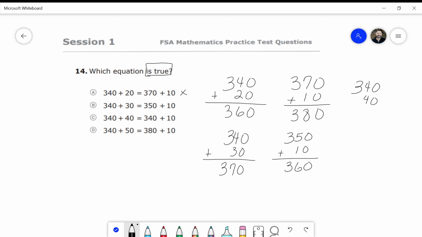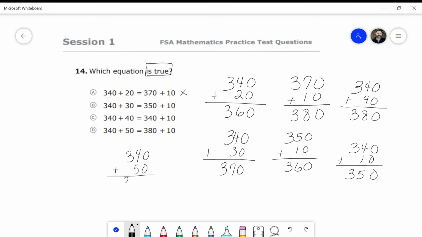340 plus 40 is 380. And then 340 plus 10, well, that one won't work, right? Because that's 350. So then we just try that last one. 340 plus 50.